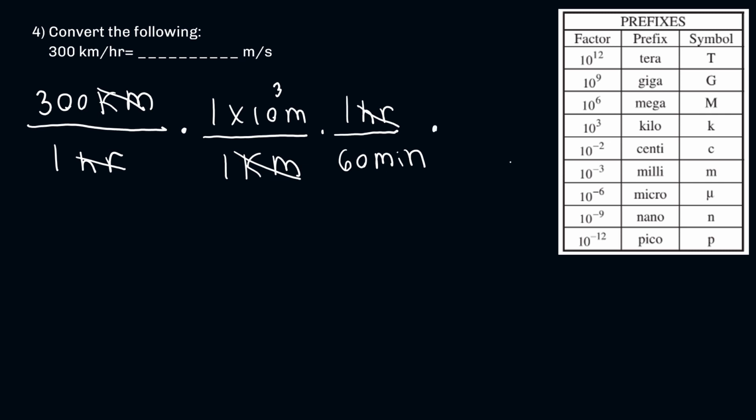So 1 minute on top, since again we want to cancel out that unit. On the bottom we are going to put seconds. We know that there is 60 seconds in 1 minute. All right, so now we should have everything properly canceled out and we should have the proper units. I have here on top just meters left, and I have there on the bottom just seconds left.